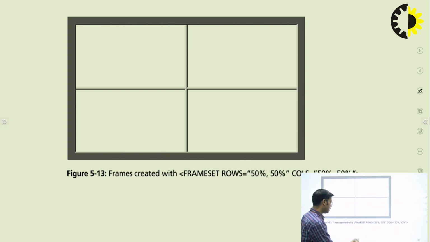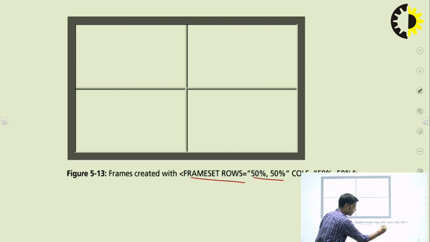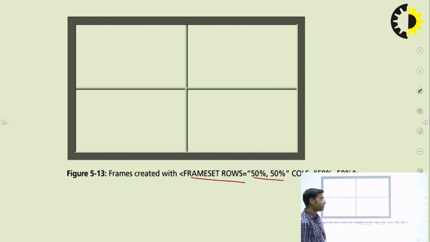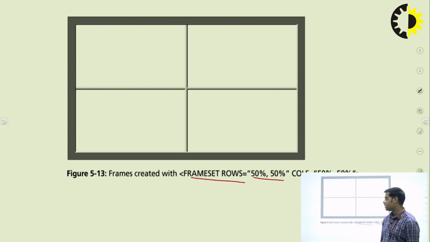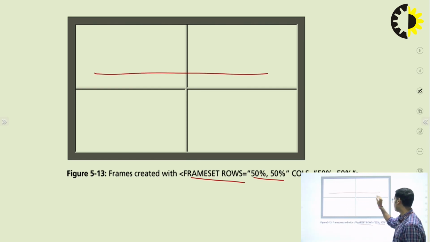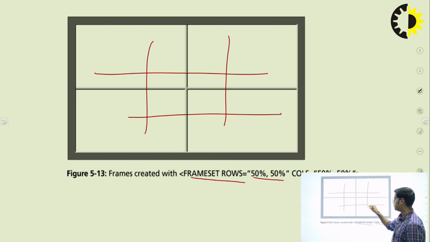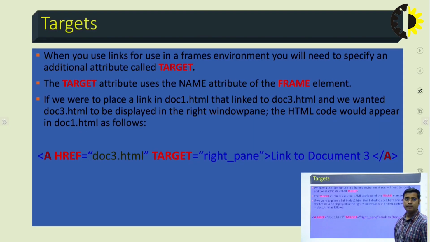So through the frame set rows 50 by 50 and cols 50 by 50, we divide the browser screen into the rows as well as the columns, as you can see here. So this particular 50 by 50 rows and this particular column wise 50 by 50.